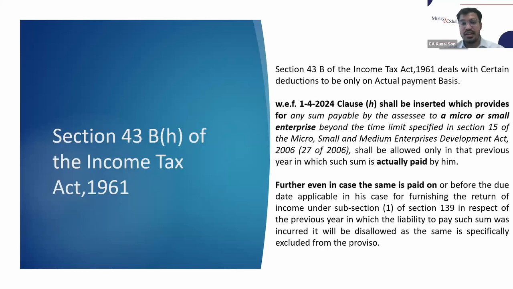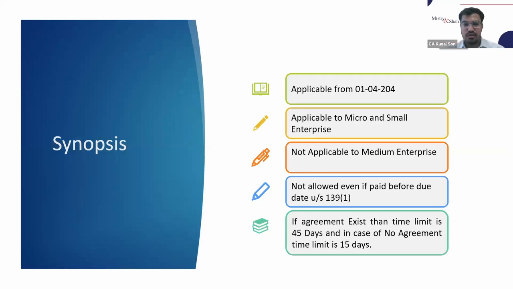So 43BH is excluded from that proviso. What it means is that even if you have made the payment well before the due date of furnishing the ITR, then in that particular case also the deduction won't be allowed to you. It is allowed only in the year in which it is actually paid, post that. So this is something that requires to be taken care of.